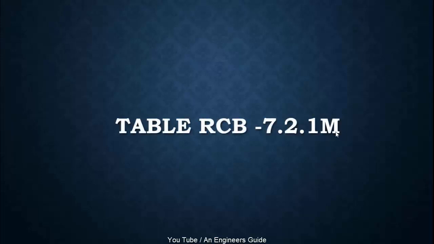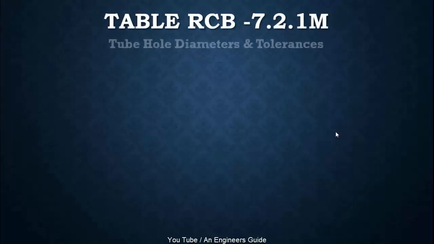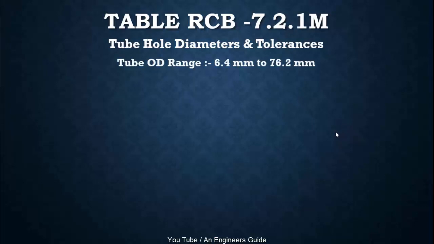That table RCB 7.2.1M is for metric dimensions. It is for tube hole diameters and tolerances for tube OD range 6.4 mm to 76.2 mm.